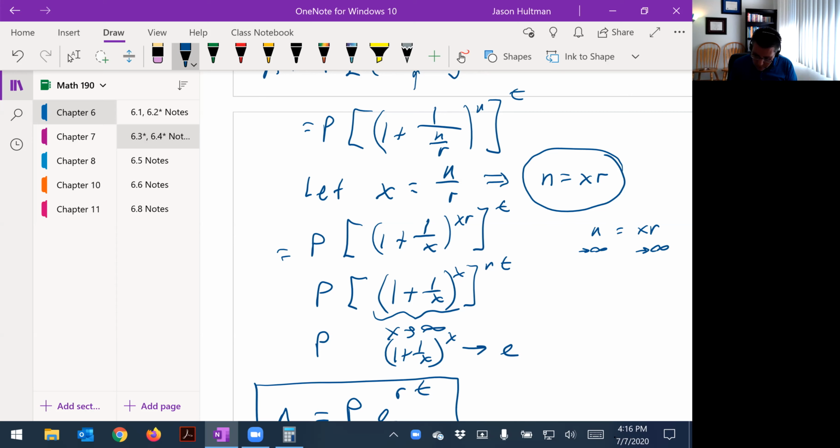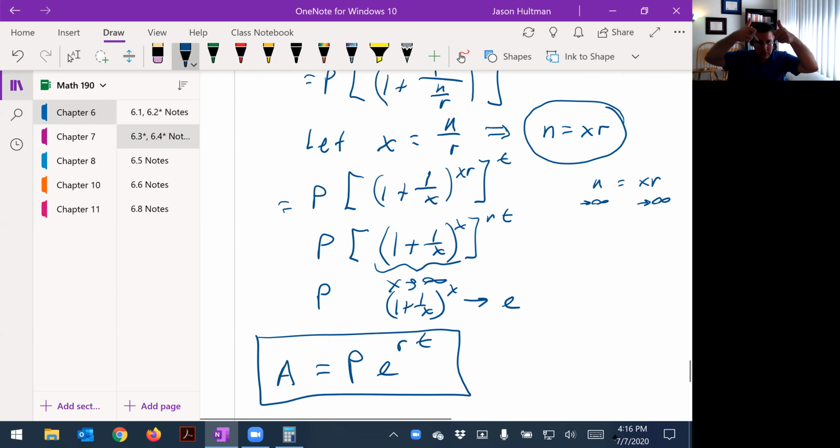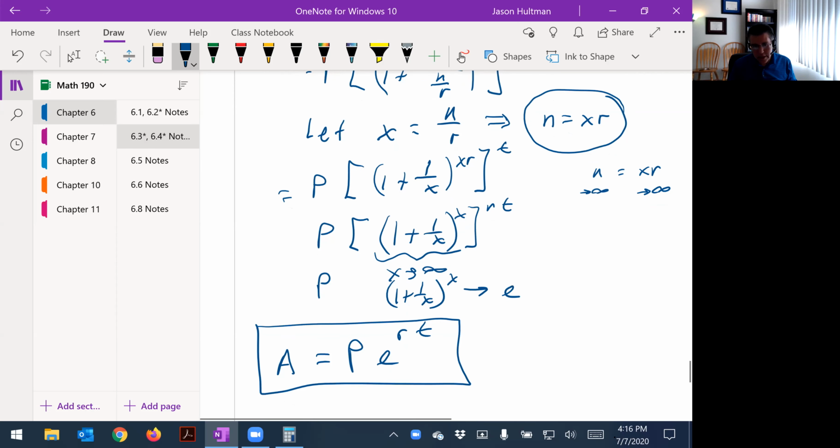So we started off with the limit of 1 plus 1 over n to the nth power, but that's synonymous to the 1 plus 1 over x because they're both going to positive infinity. That's just a little technicality, but I didn't want anybody to say he changed variables and didn't reconcile them. I reconciled the variables, it works, and what is this going to do?